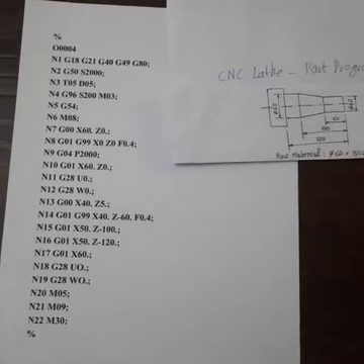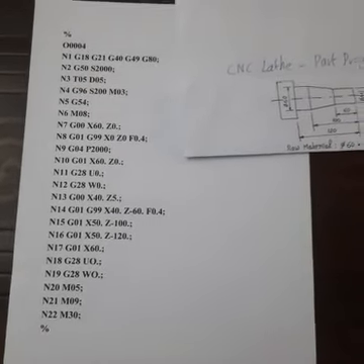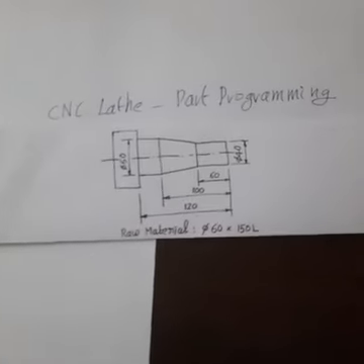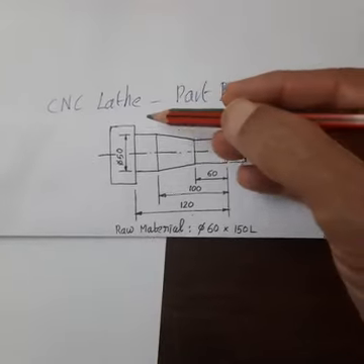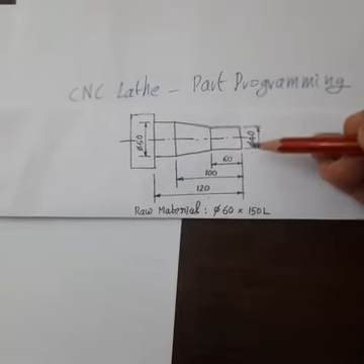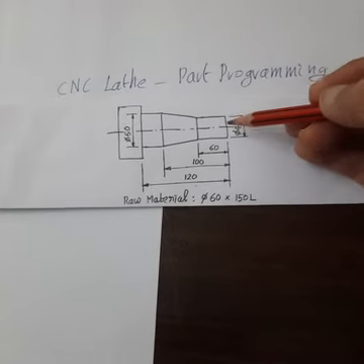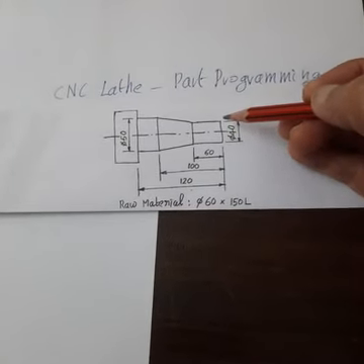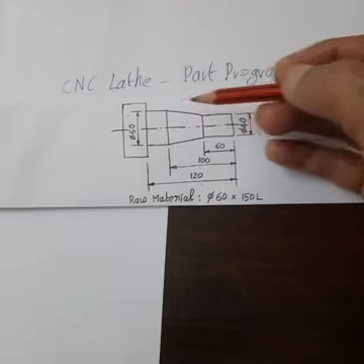Students, we have written this part program based on two assumptions. First one, for doing the facing as well as turning operation, we are using the same tool. The second assumption, the tool and the machine are capable of turning the required size in a single pass.